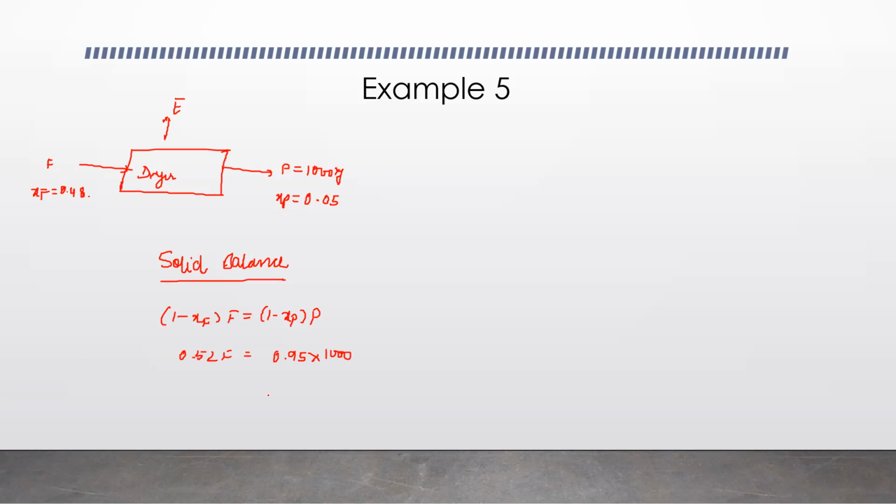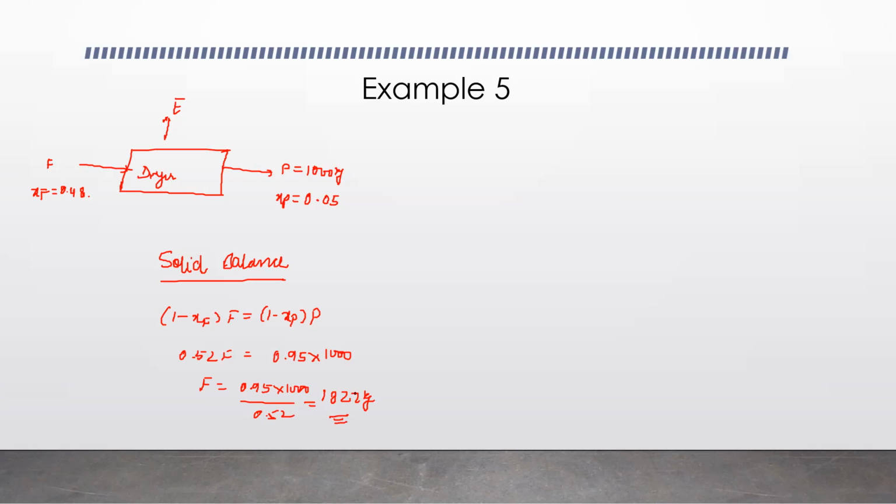From here, we get F is equal to 0.95 into 1000 upon 0.52, which is approximately 1827 kg.